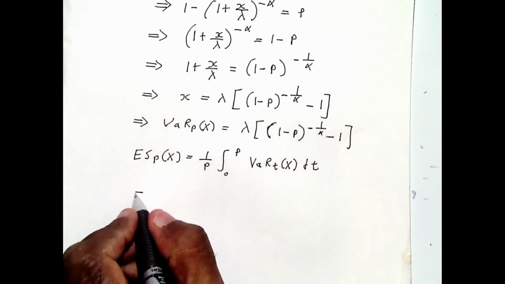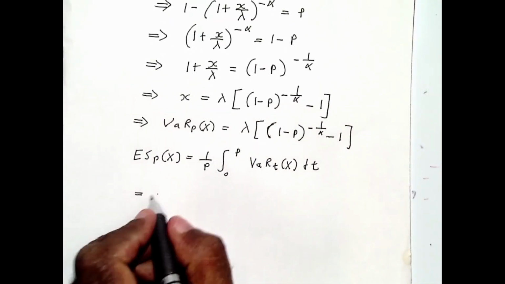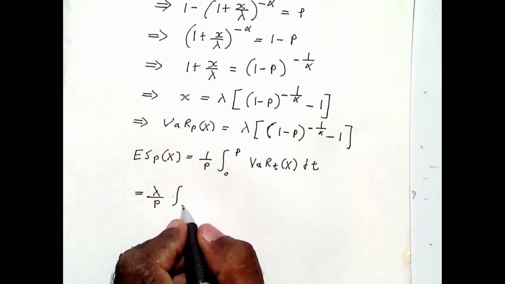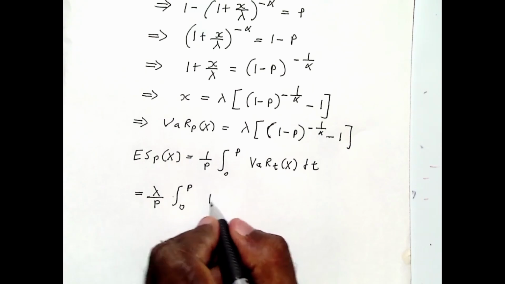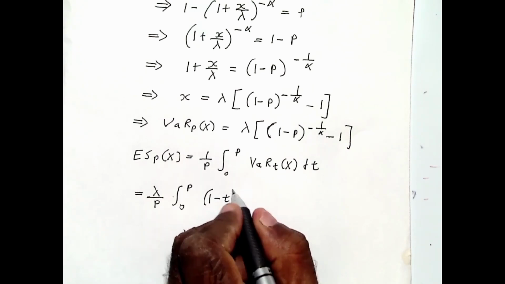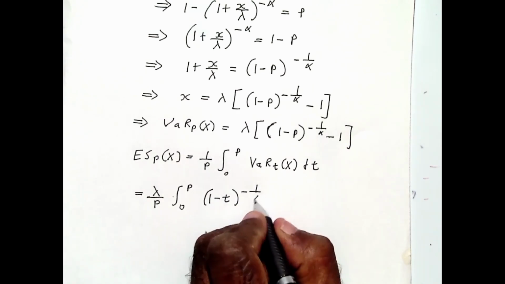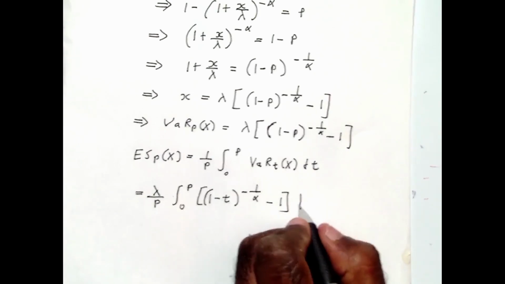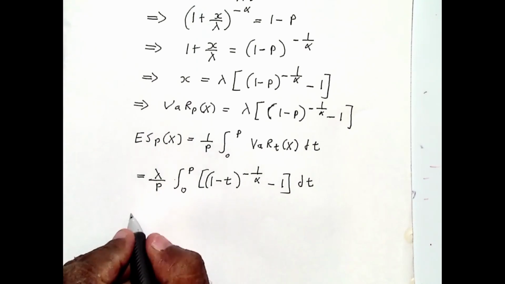Okay, so you just sub this in here, so you get lambda by P times the integral from 0 to P of, okay, and this integral is not difficult.